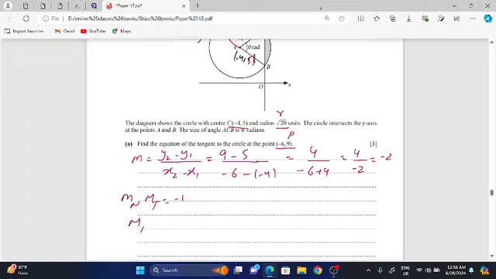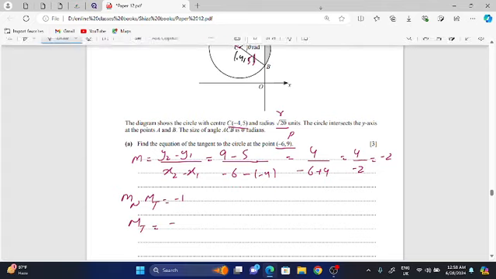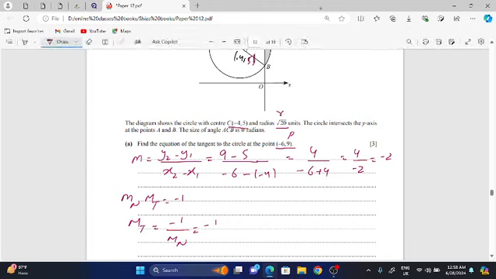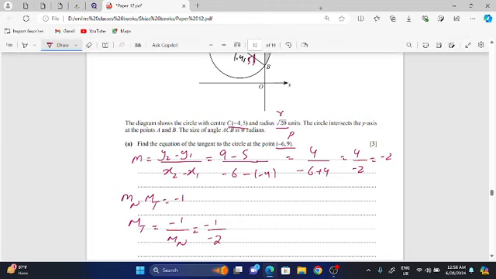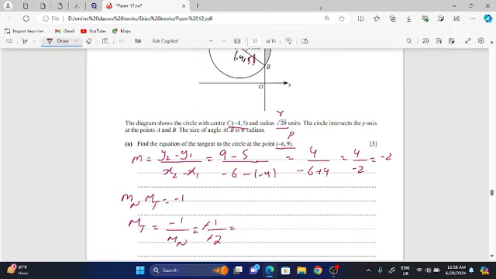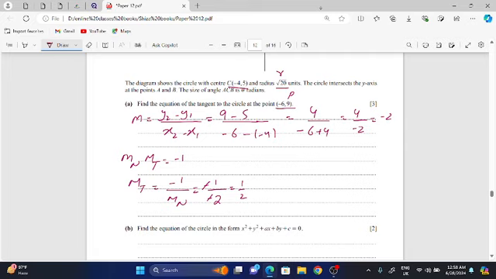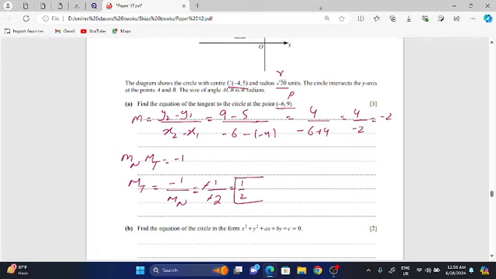So slope of tangent will be -1 divided by slope of normal, which is -1 over -2. Negative negative will cancel and it will retain 1 by 2. So my slope of the tangent is 1 by 2.